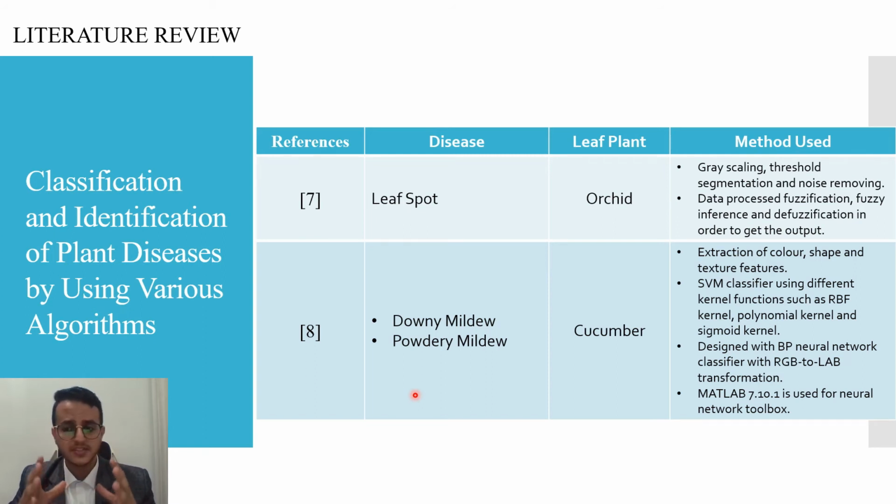Use a support vector machine as a classifier, using different kernel functions such as RBF kernel, polynomial kernel, and sigmoid kernel. Designed with a BP neural network classifier with RGB to LAB transformation, and use MATLAB in this paper for the neural network toolbox.